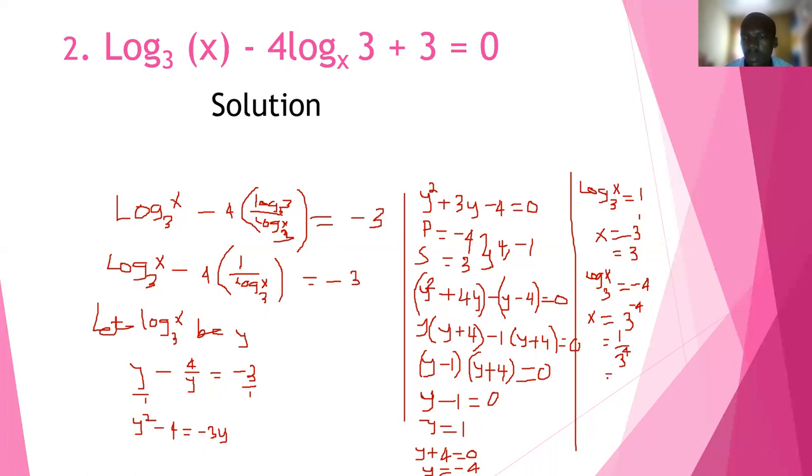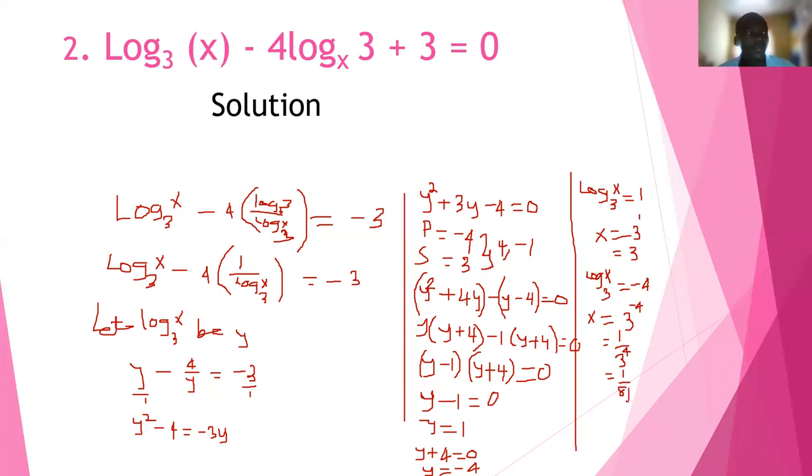So which is the same as 1 over 81, because 3 times 3 is 9, then 9 times 9 is 81.